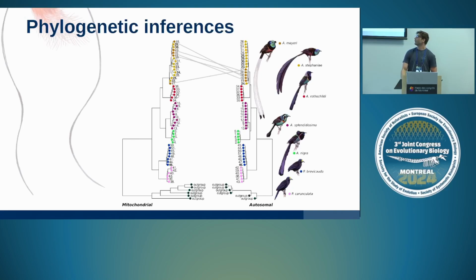So first, when looking at the phylogeny of these species, we see that on the autosomal phylogeny here on the left, all individuals sort into species. But on the right, with the mitochondrial tree, we see that we have a lot of mixing up in the top group between Astrapia mayeri and stephaniae, which were the ones from the same genus that had overlapping distributions.